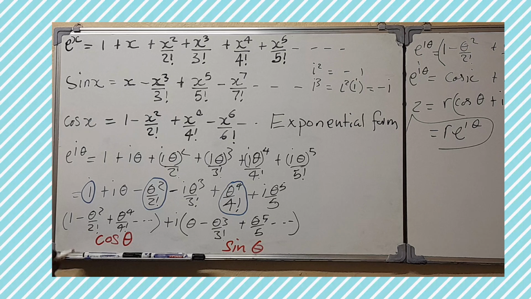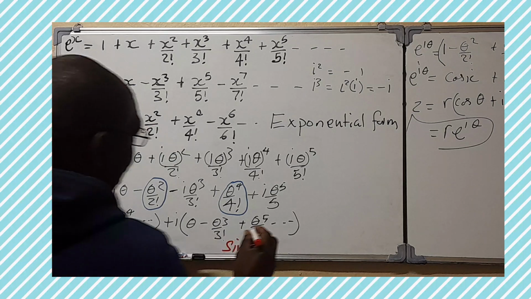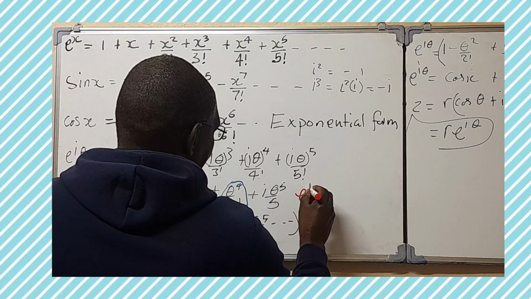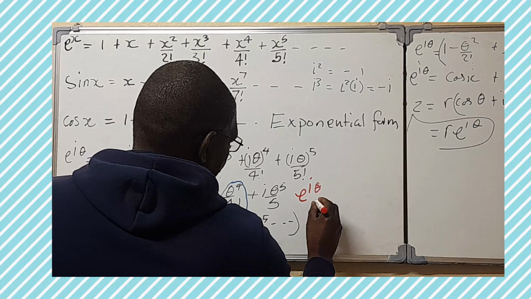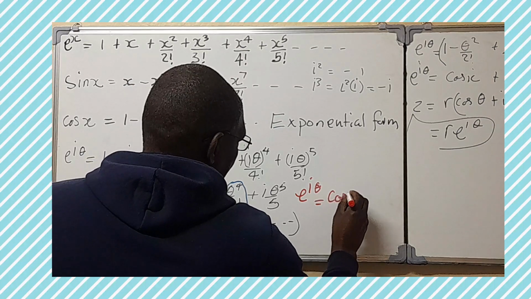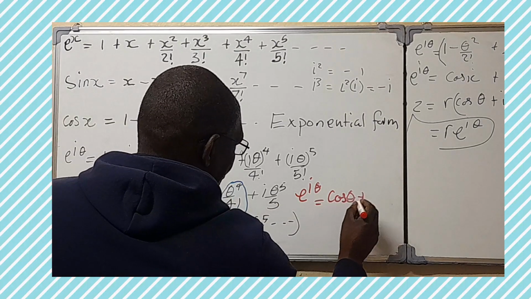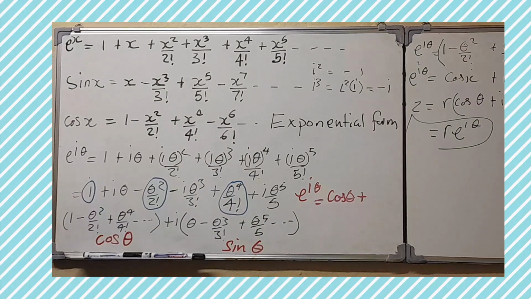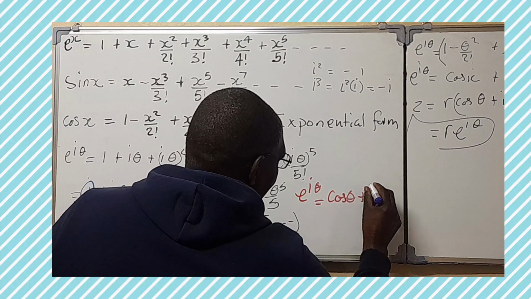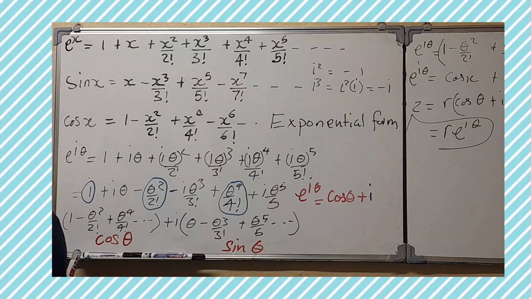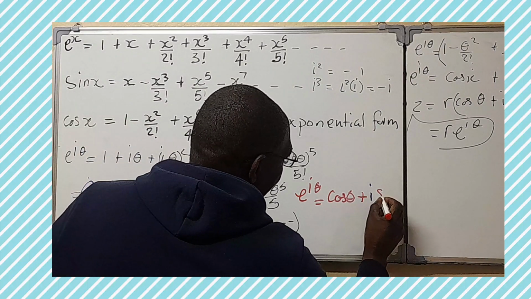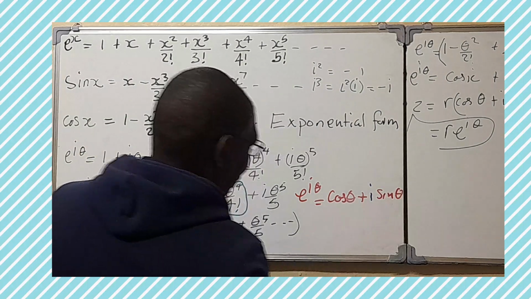So what it means is that if you raise e to the power i theta, this is what you get. So let's write it down. e to the power i theta is equal to cosine of theta plus i, let me write the i to emphasize something here, plus i multiplied by sine of theta.